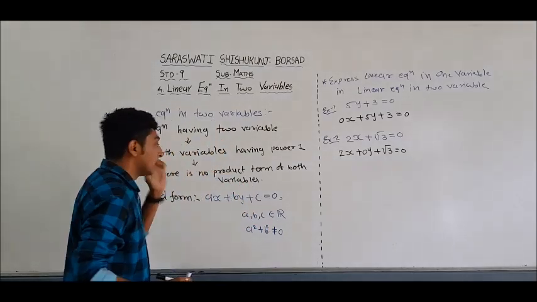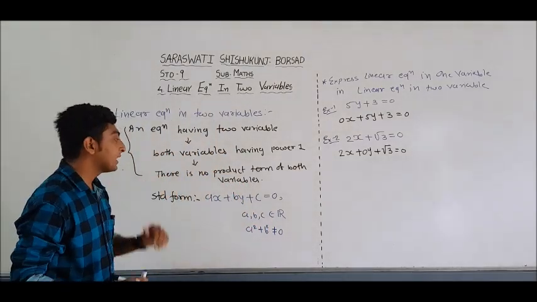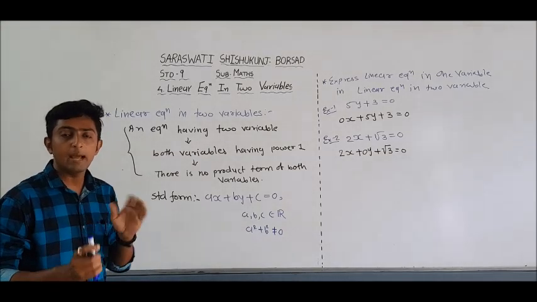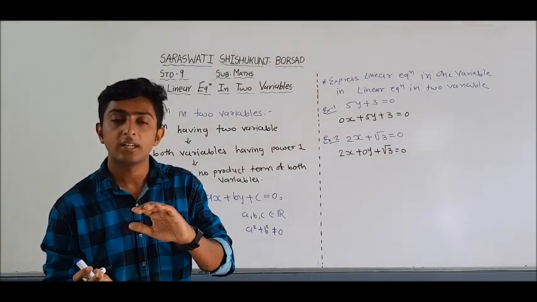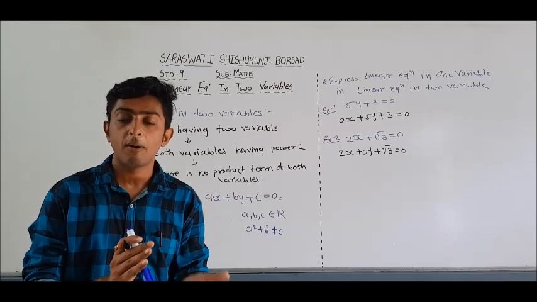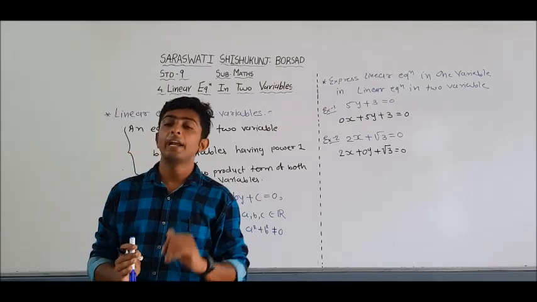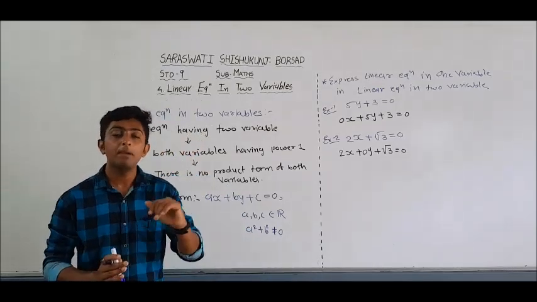Now another thing is that you have to indicate the value of a, b, c. The second type of example is where you have to convert the equation into the standard form of a linear equation in two variables and indicate the values of a, b and c.